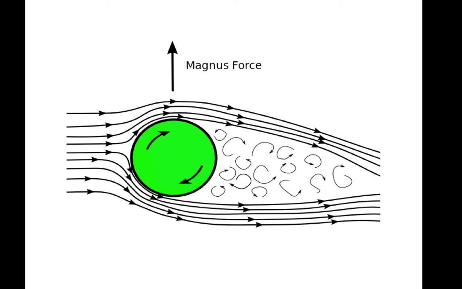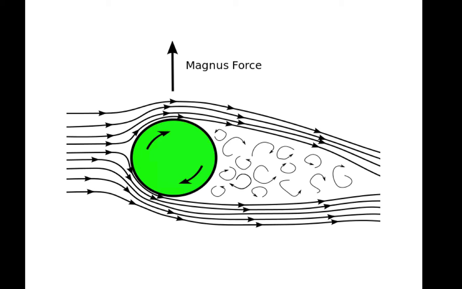Now, the boundary layer is very important in interacting with fluids that are moving across the surface of a particular solid. What we have here is a ball that is obviously rotating in a clockwise direction.